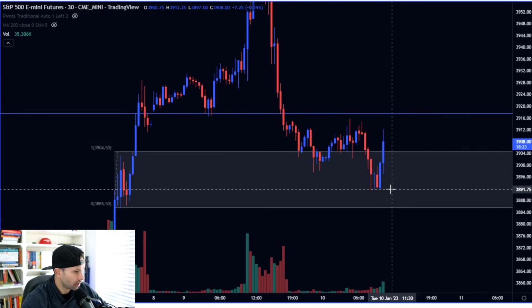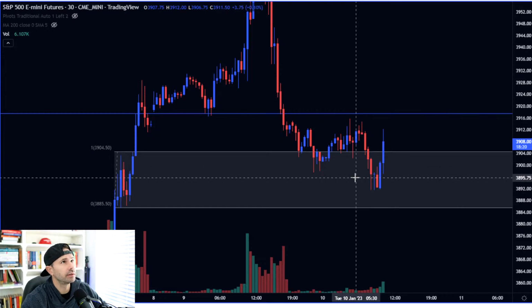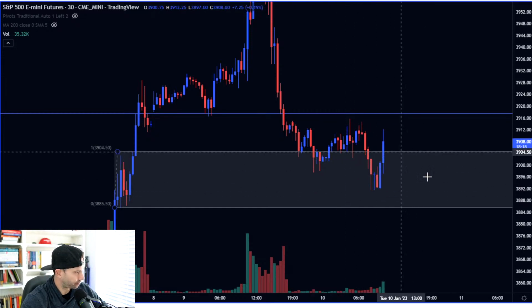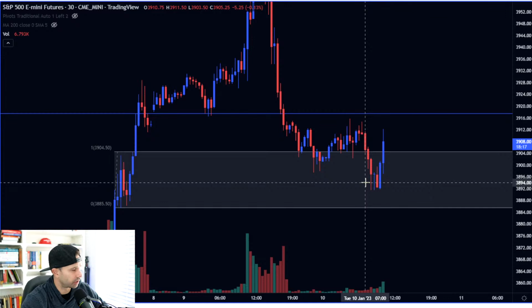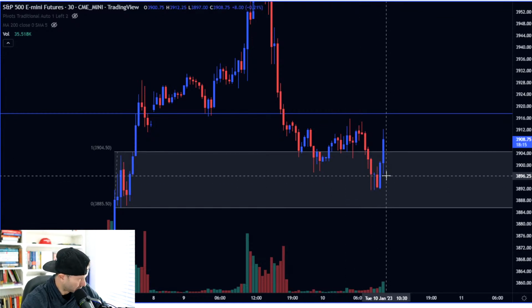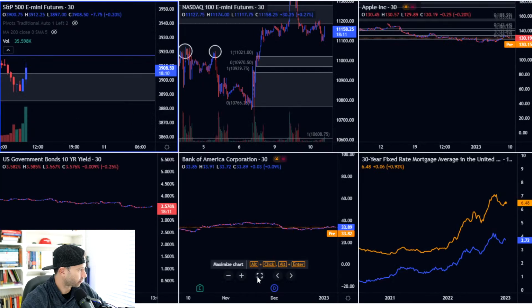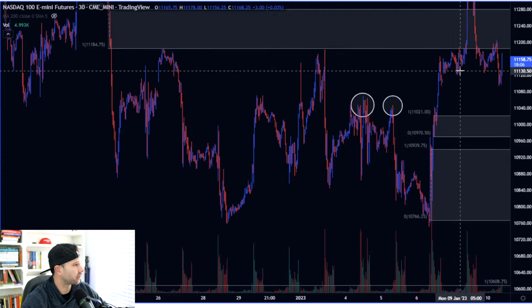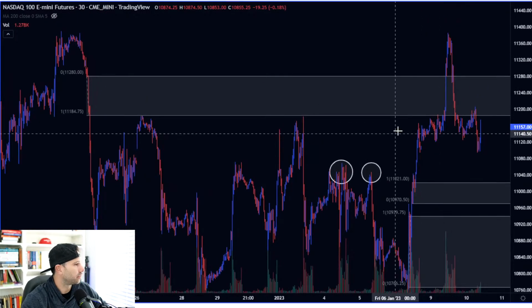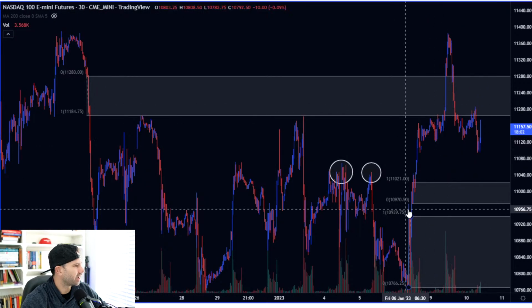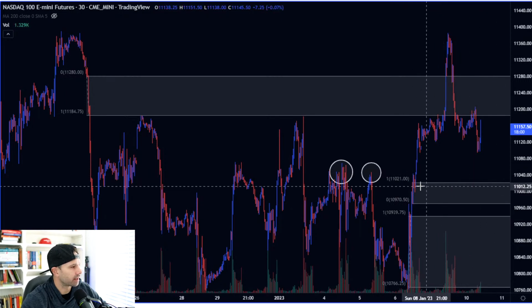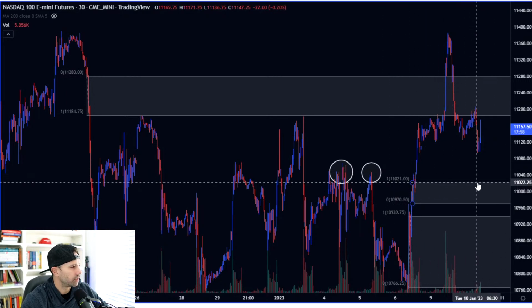Later during the trading session, we can go down to the share bar just to see this. It's probably similar on the Nasdaq. Oh no, with the Nasdaq, we didn't have that. Look where the Nasdaq demand is, right here. We haven't gotten there yet.